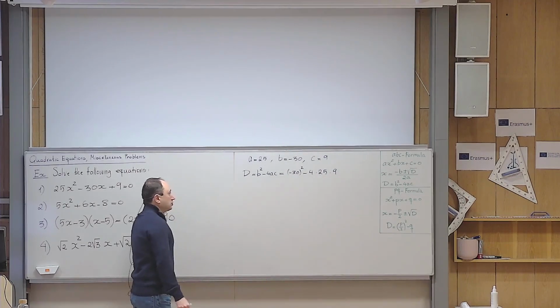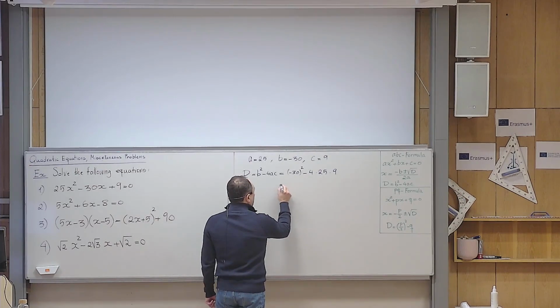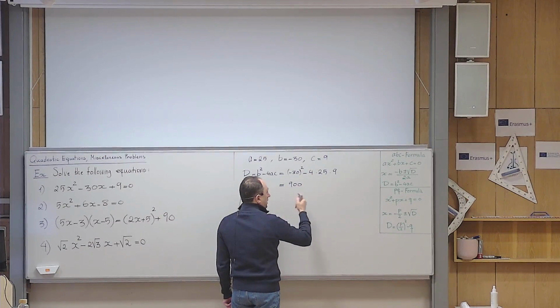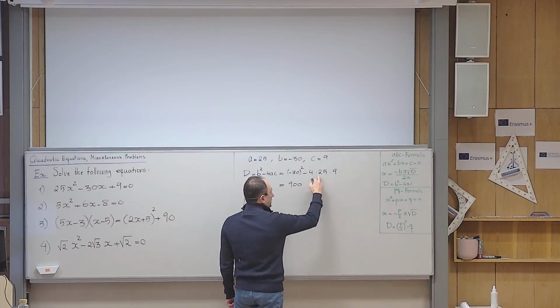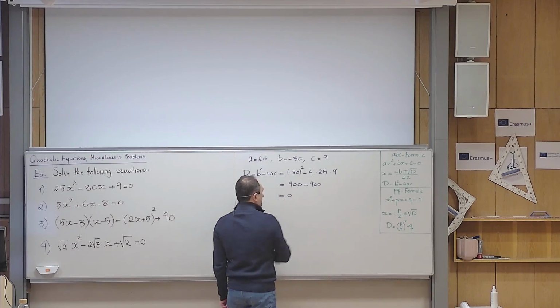If you can do it in your head, do it, otherwise you use the calculator. But what happens here, this is easy. Minus 30 to the power 2 is not hard to calculate, it's 900. But then minus 4 times 25 is minus 100. Minus 100 times 9 is minus 900. And the answer becomes 0.